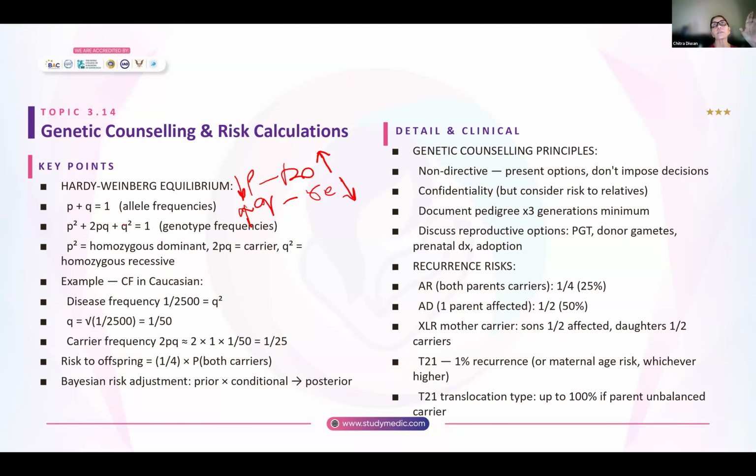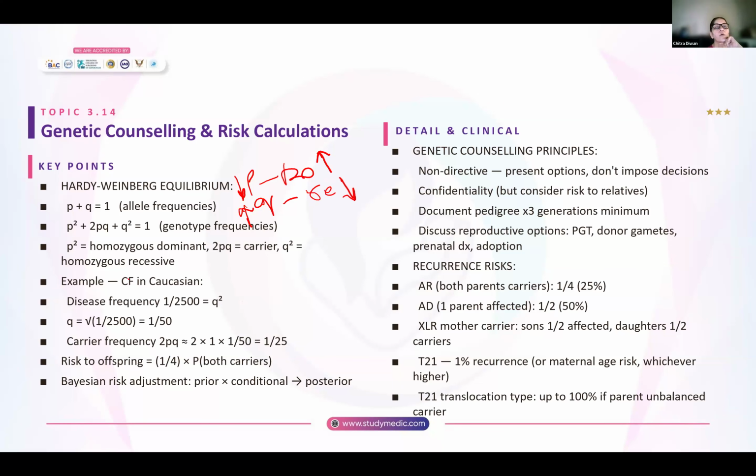Cystic fibrosis is a recessive gene, so it is autosomal recessive. Recessive means the individual has to be homozygous. So Q square is 1 in 2500. What is the square root of 1 in 2500? It is 1 in 50. So Q is 1 in 50.